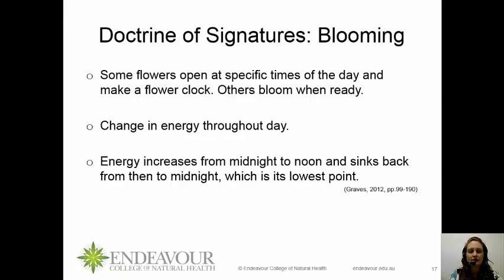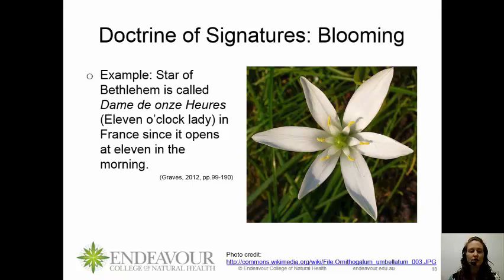And then there's this quietening down from midday through to midnight, and it becomes a more introspective space, a more yin space, a more feminine space, and that may have a significant influence on the interpretation of the flower. So here's the example of one that blooms only at 11 o'clock, Star of Bethlehem, and it's quite well known for that. It's even got the common name 11 o'clock lady.